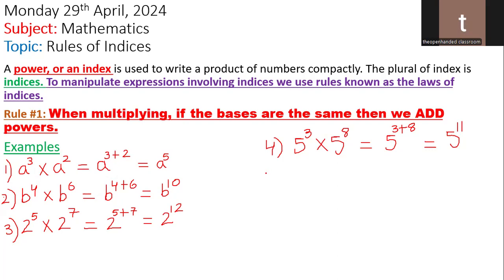So let's move on to the next one. For number 5, again, we could use any letter. So let's say we have P to the power of 5 multiplied by P to the power of 2 multiplied by P to the power of 4.